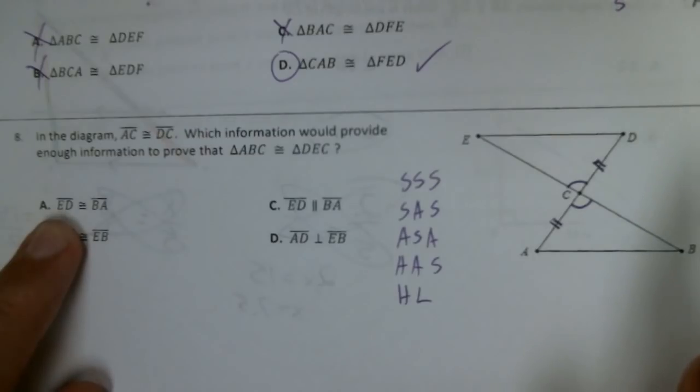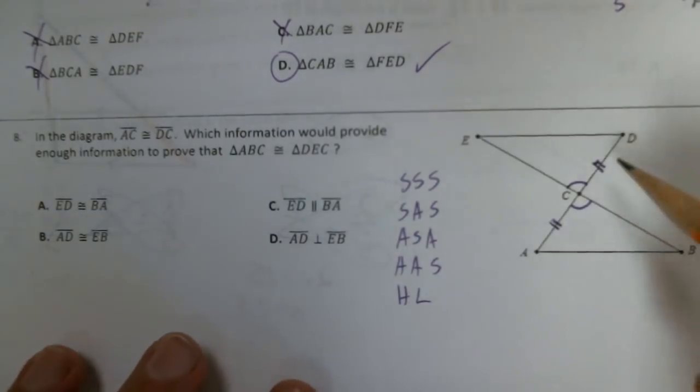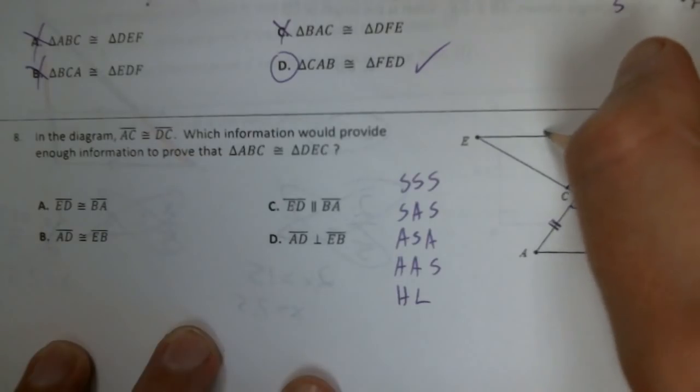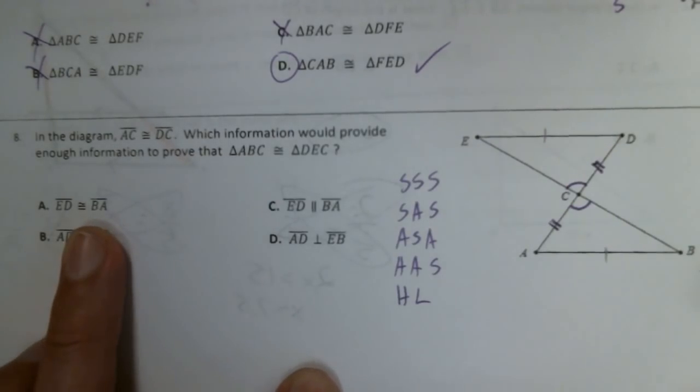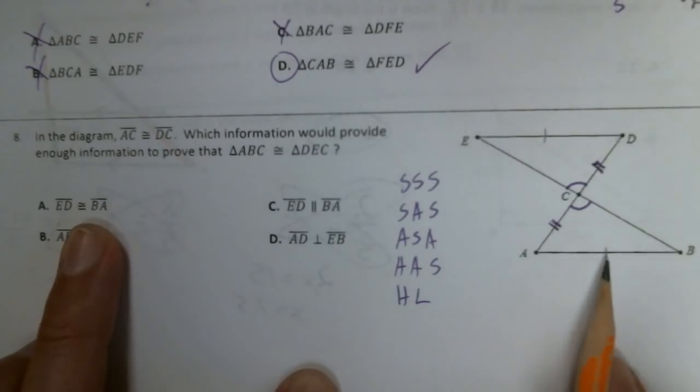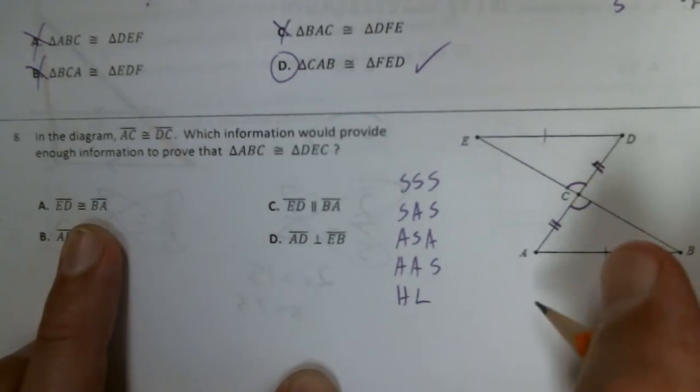Okay? I'm not going to write this in pen because actually I will grab this pencil here so I can erase it. If we say ED single tick is congruent to BA single tick, does that help me? I have tick, double tick, arc. I have side, side, angle. I have angle, side, side.